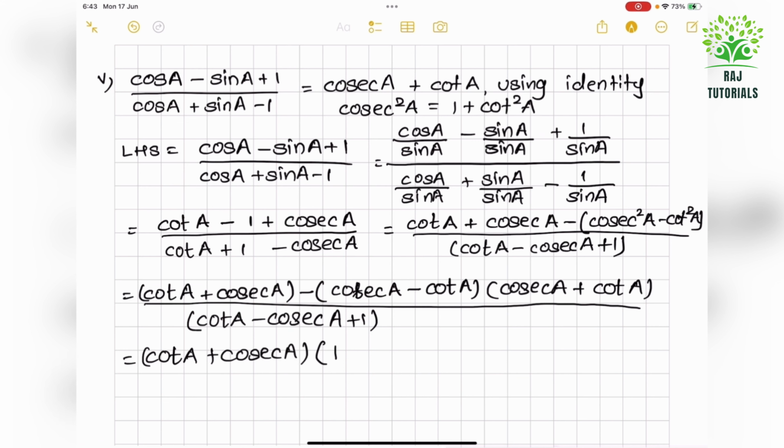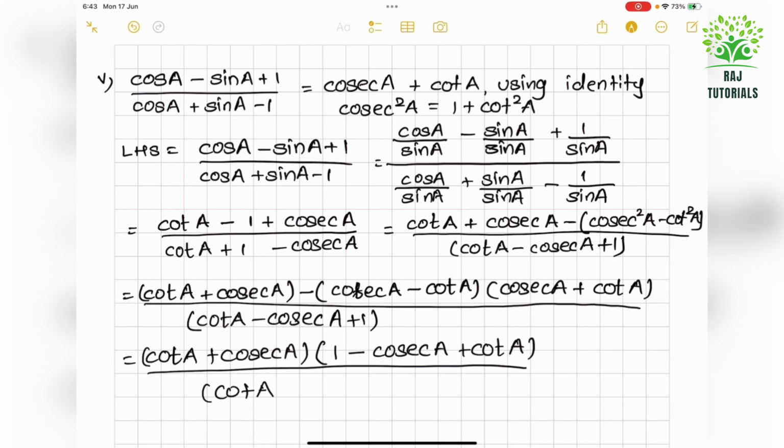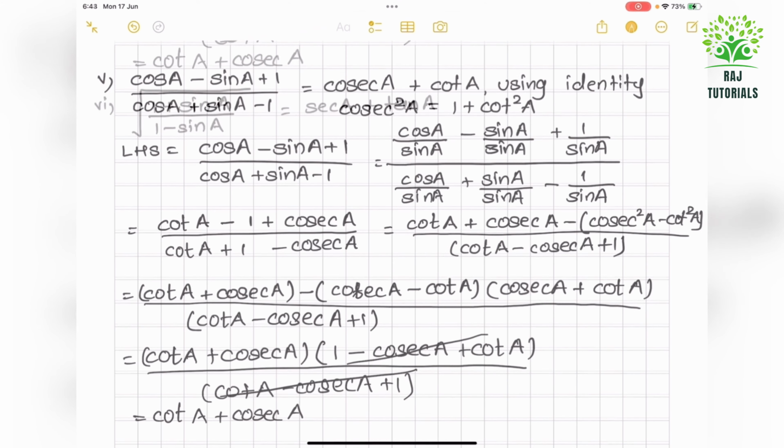So now cot A plus cosec A I am taking common. So I will have 1 minus (cosec A plus cot A), whole upon cot A minus cosec A plus 1. So this bracket got cancelled. So I got the result.